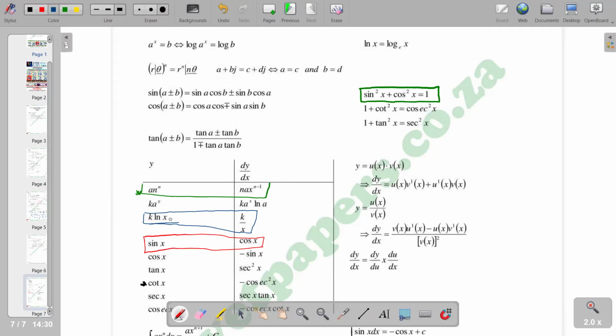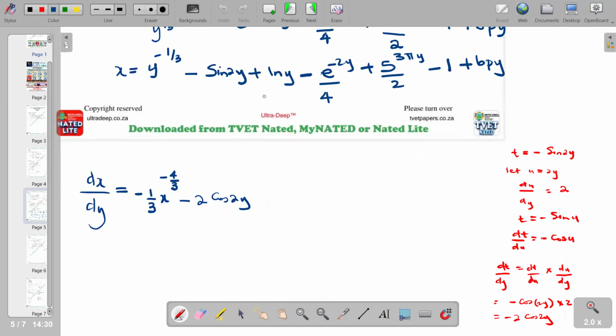But in our case, the coefficient of ln x is 1. So to do the third one, here, it was going to give us plus 1 over y. We go to the next one.